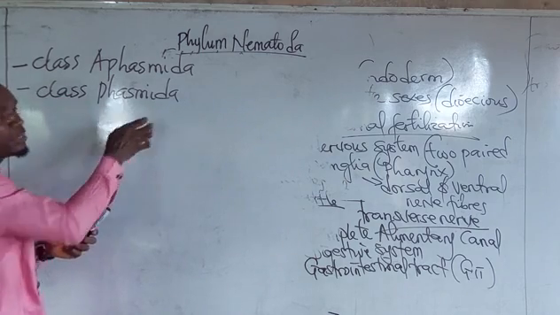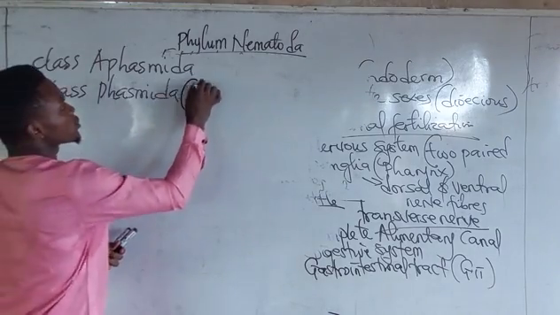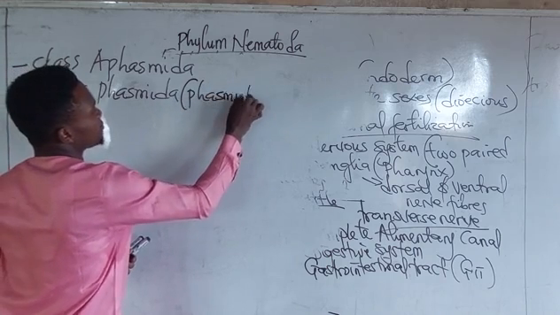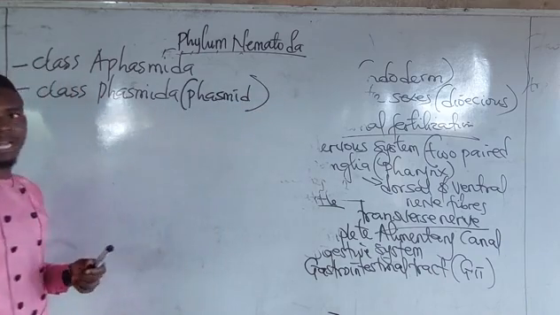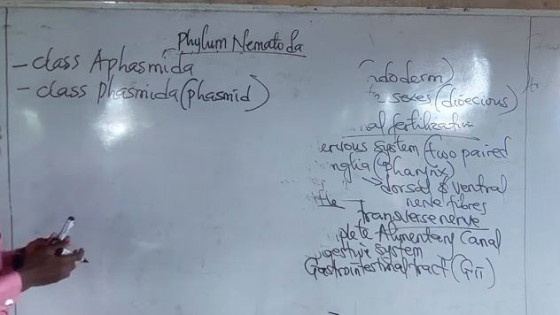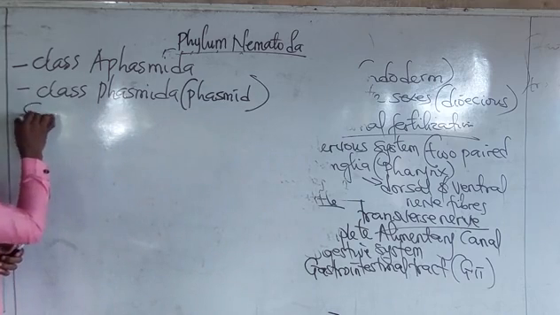Now, the word Phasmida is a class. We have what is called a phasmid. A phasmid is a structure that they possess. How do you describe the phasmid?